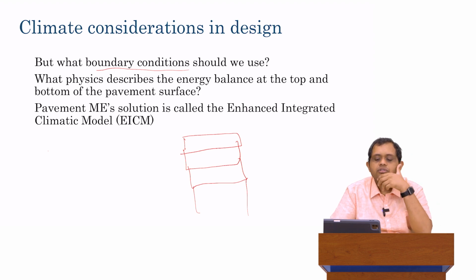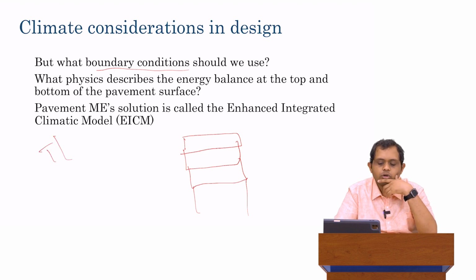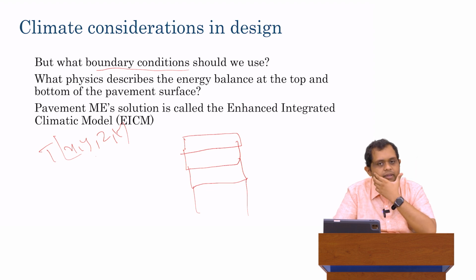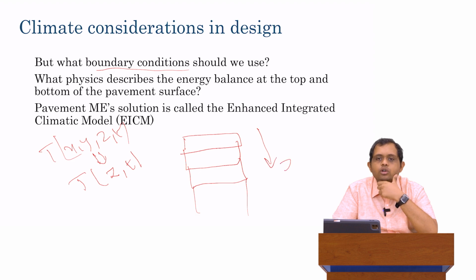One major assumption we make in pavement engineering: generally for a three-dimensional body, and a pavement is a three-dimensional body, we assume the temperature is a function of x, y, z, and t, time. So we assume that it varies in all three dimensions in space. One major assumption we make, and it's been seen to be a pretty good assumption for design purposes, is that we assume that the temperature distribution only depends on z and t, where z is this vertical coordinate.